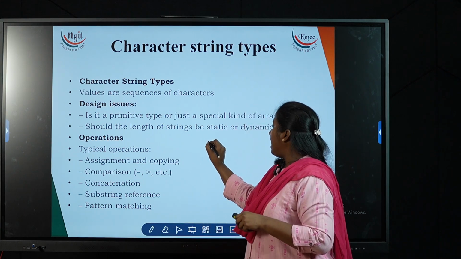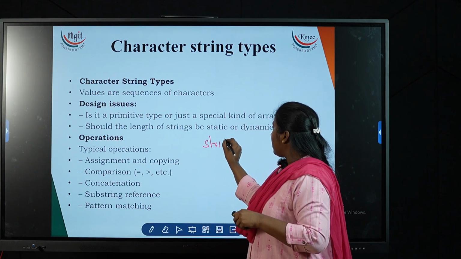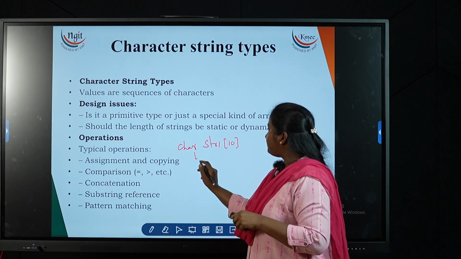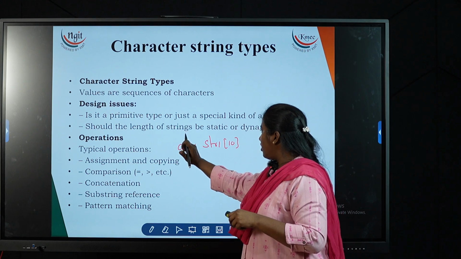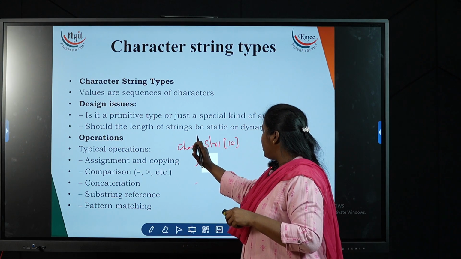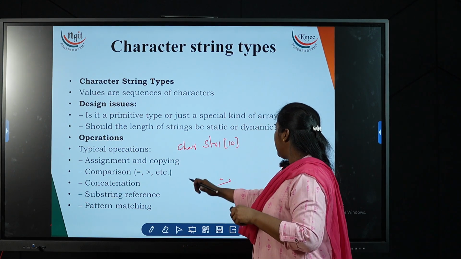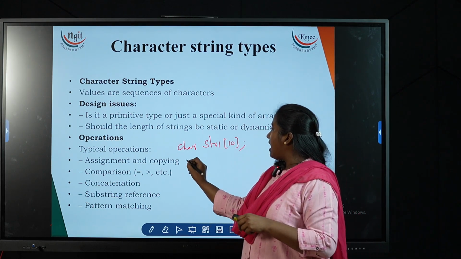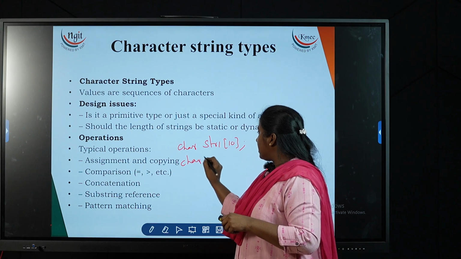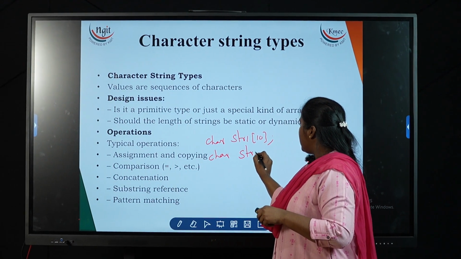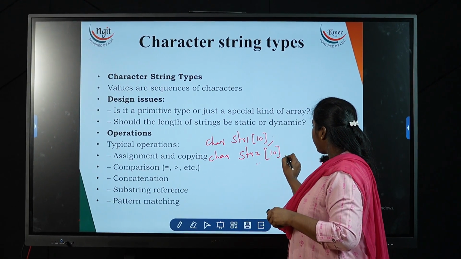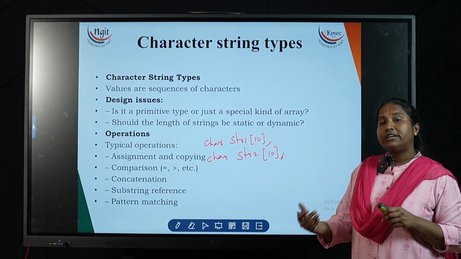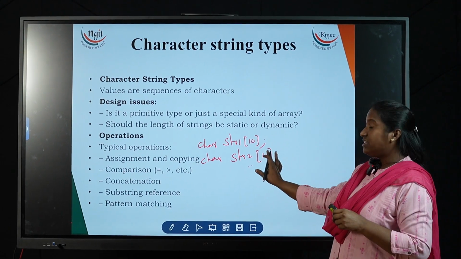Let's say I have defined string 1 of 10 character data type, but I did not mention the value in it. I just wrote the size of it. Now second is character data type string 2 of 10. Here I did not give any value, but I have given the size of it.